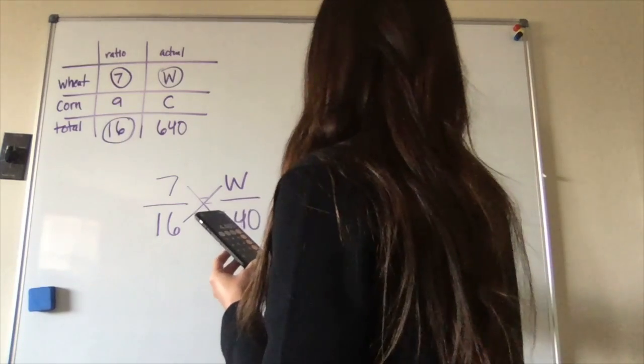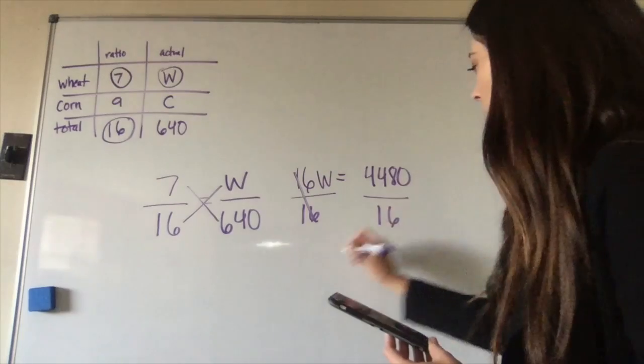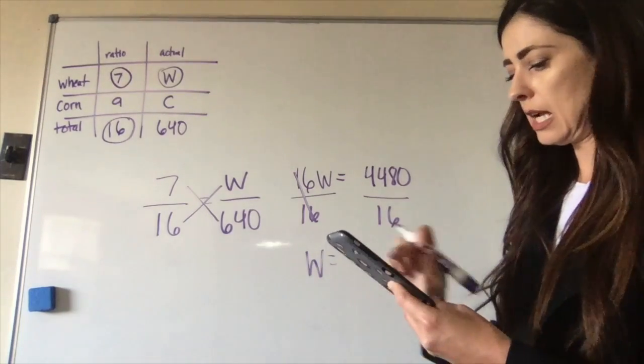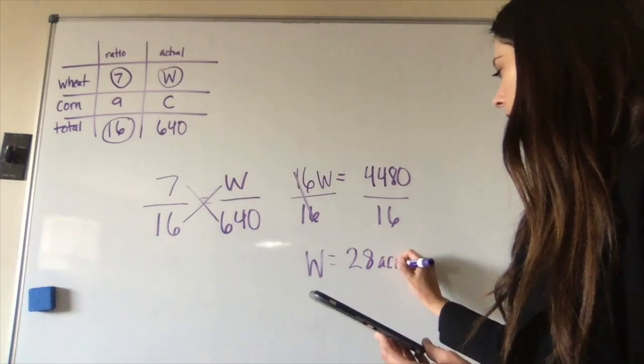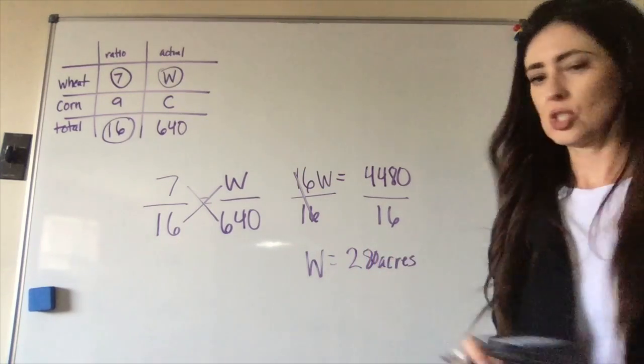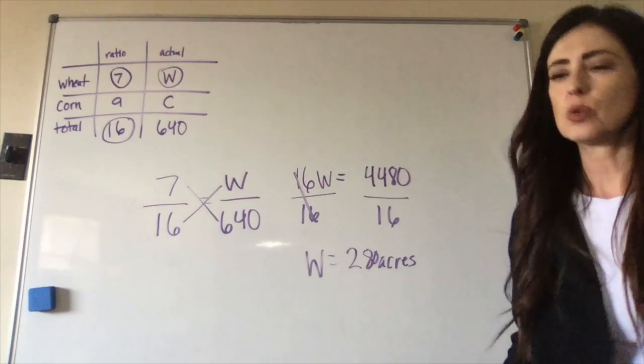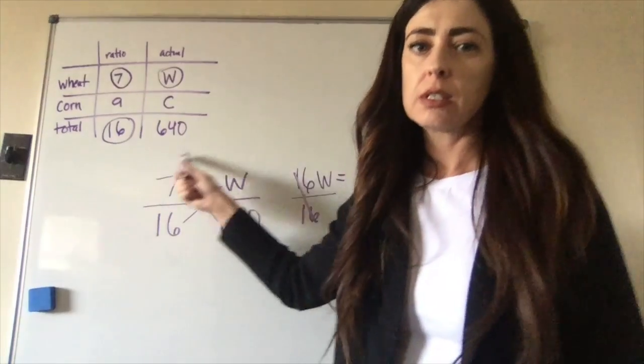We're going to divide each side by 16. We're left on one side with W and 280 acres. 280 acres, okay?